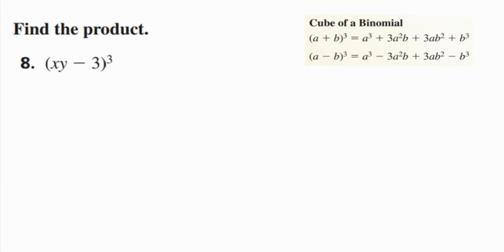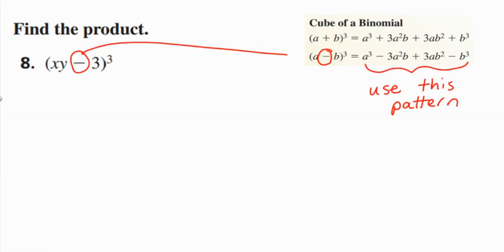All right, this next problem, we have the quantity xy minus 3 being cubed, okay? So I'm going to go over here and use the cube of a binomial pattern. I notice that I have a subtract here.